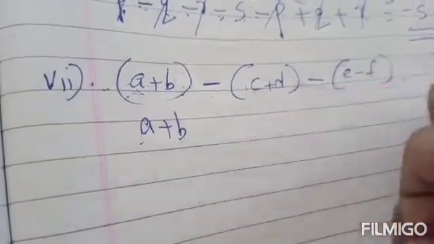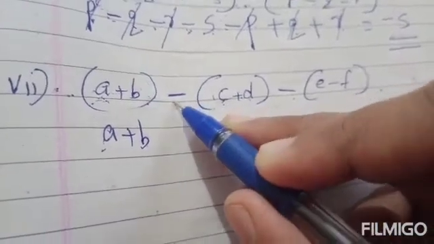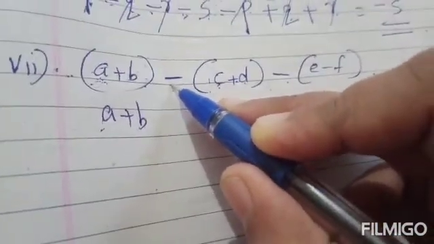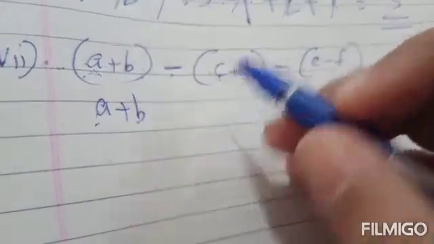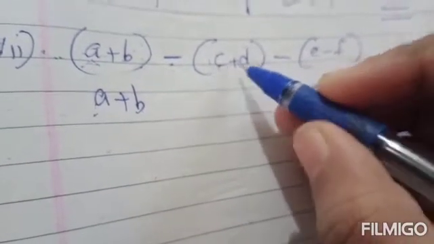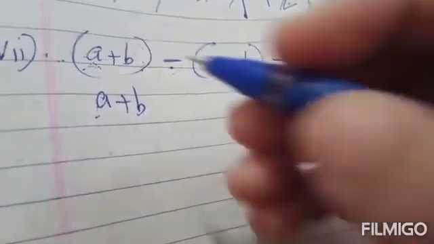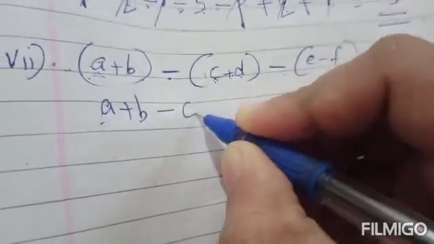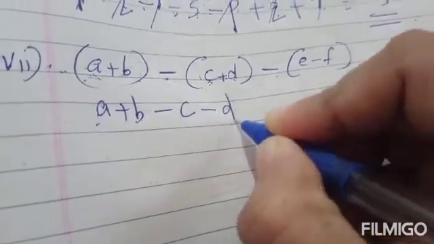So a plus b. Next, before the second bracket, c plus d, the sign is minus. So if minus sign comes before a bracket, you need to change the sign of terms inside the bracket. Okay, so c means plus c, that will become minus c. Plus d will become minus d.